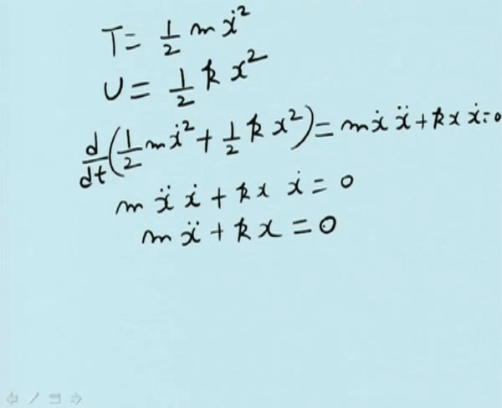This is because x dot can be eliminated except at the extreme position where x dot is equal to 0. So you get the differential equation m x double dot plus k x is equal to 0.